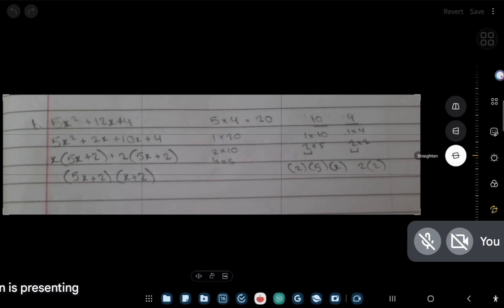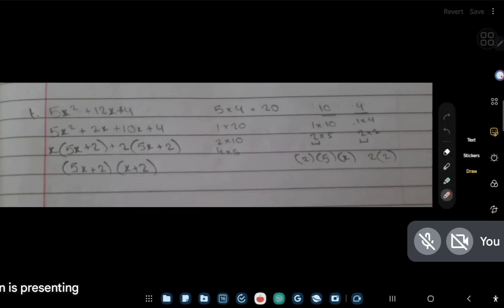Right. You took x common. You got 5x plus 2. So yeah, so you get 1 and 20, 2 and 10, 5 and 4. So yeah, good. You took 2 and 10 because it makes 12. That's nice. After that you took x common here, so you get 5x plus 2.